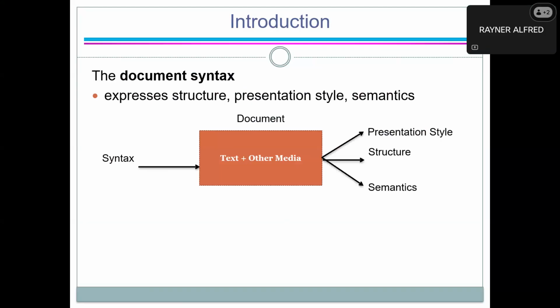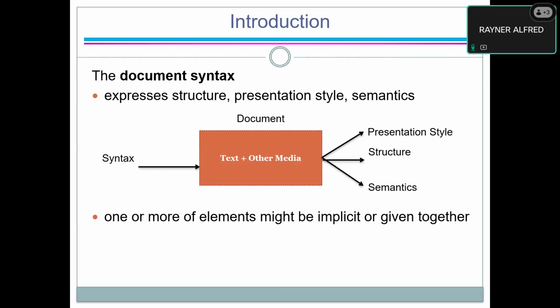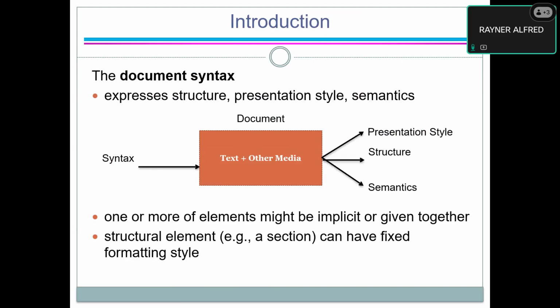And of course, we also have the content, which is the semantic, or in other words, it is called meaning.